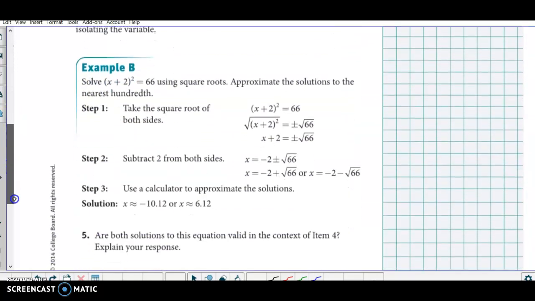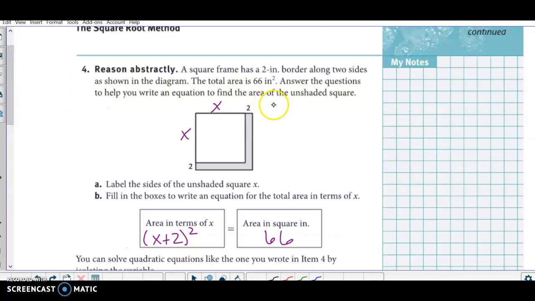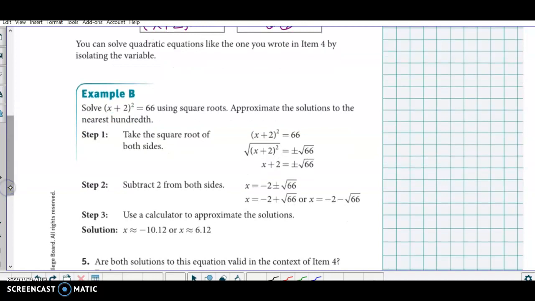So you can see down here they've solved that for us. Now because the x plus 2 is in parentheses, they took the square root first, and then you have plus or minus square root of 66, and then they moved the 2 over. So we are going to have an integer plus or minus a square root.